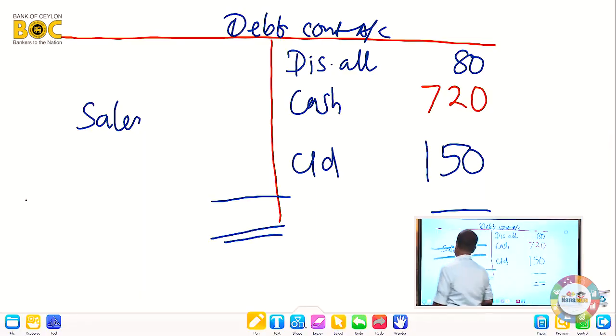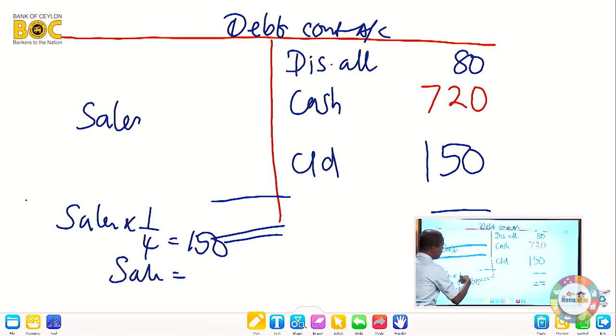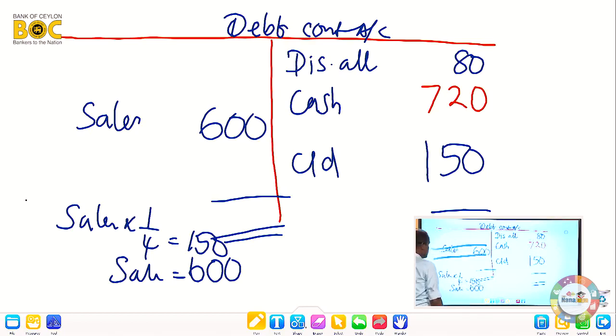If your credit sales into 1/4 equal 150, and the sales how much? 150 into 4. Your sales is 150 into 4, 600,000. Your credit sales is 600,000 rupees.